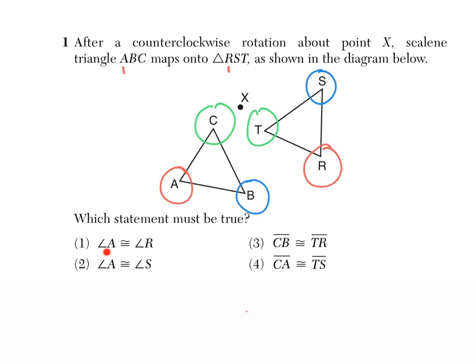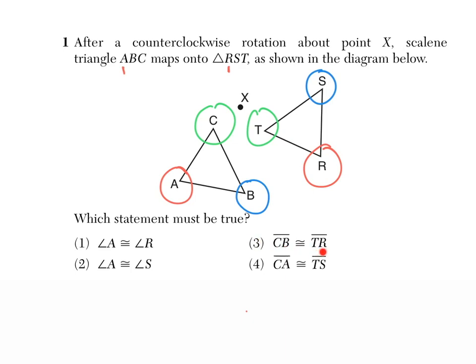Well, I see it says angle A is congruent to R. And I notice that this is red and R is red. And those certainly do match up. These are congruent. But let's go through just so we can rule out options 2 through 4. Option 2 says A is congruent to S. Red and blue do not match up, so those are not congruent.